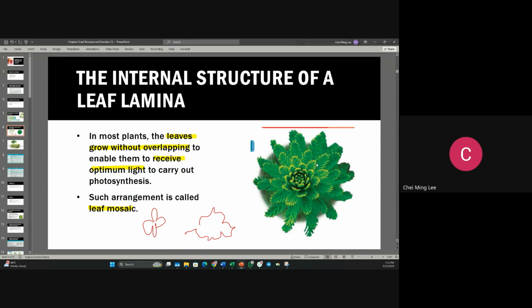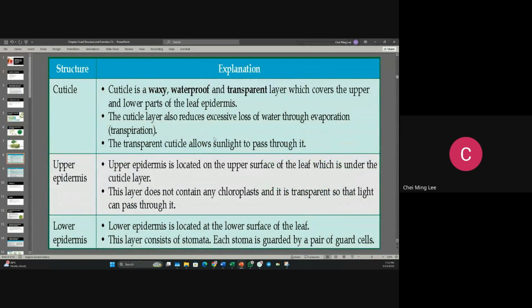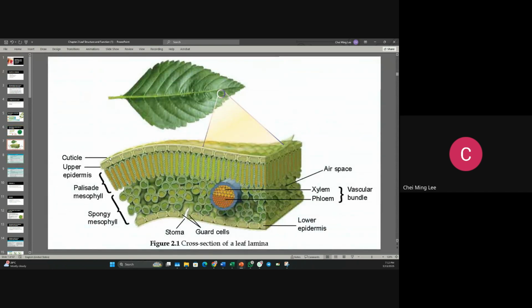Okay, all right. Now let's see the layers. Inside the leaf, the first layer is the cuticle, the waterproof layer. Then we have this very thin one. You see, this layer.